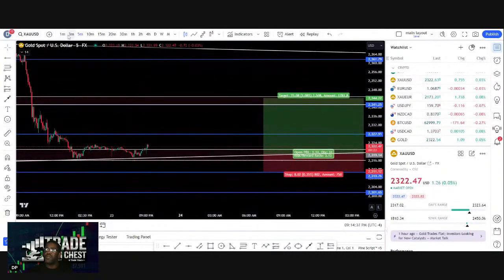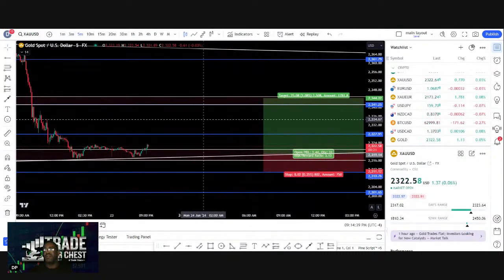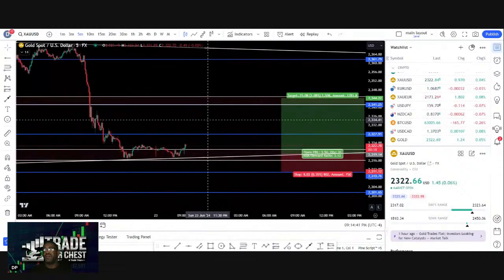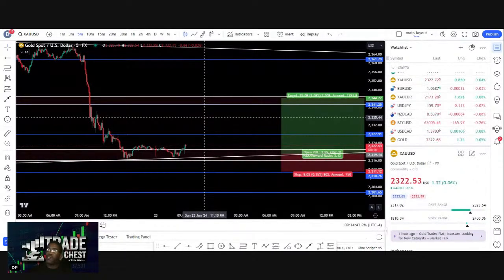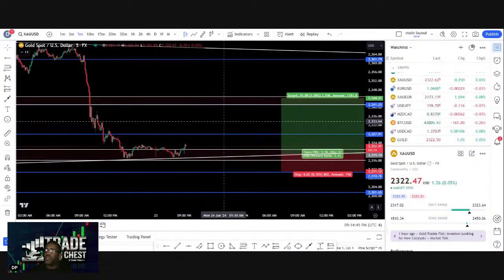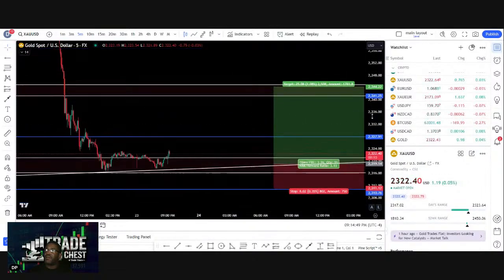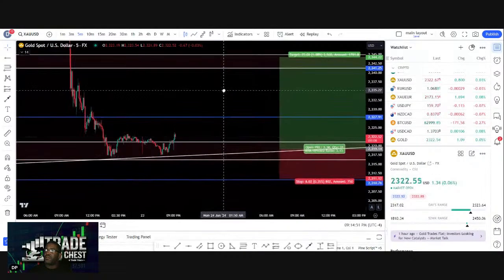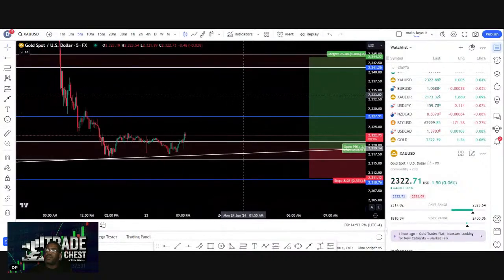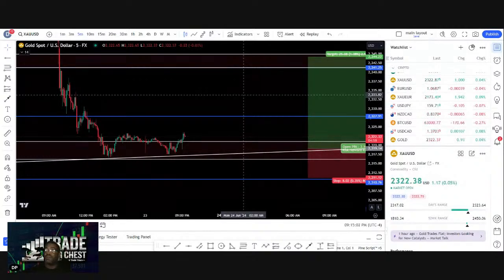But anything lower than 5 minutes is very, very, I don't want to say not accurate, but you kind of have to have some super systems to be able to move with the market on those time frames. You got to have something that's going to actuate your trades properly with the right timing.